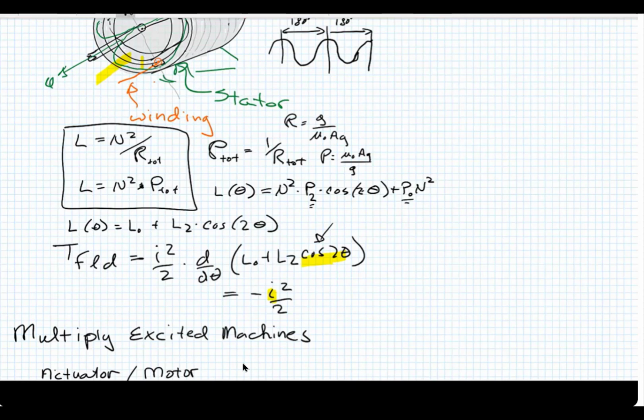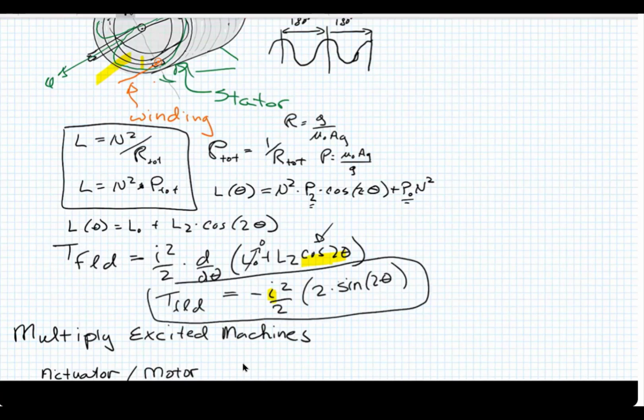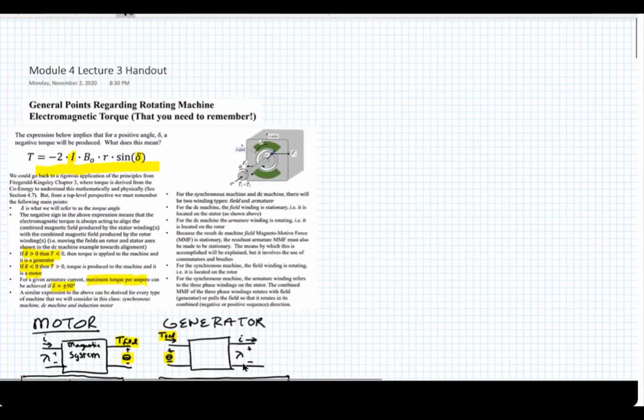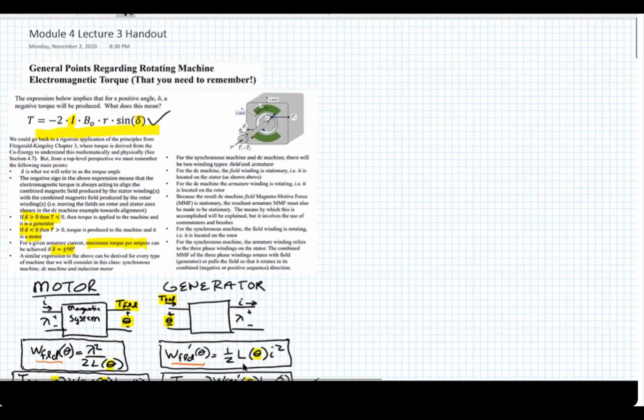So it's essentially going to be equal to the derivative of this. We have a negative because the derivative of a cosine is a negative sine. The derivative of this is 0, right? So all you have left is the moving part. So 2 times sine 2 theta, and the negative because that's the derivative of a cosine. It looks a lot like this expression here, doesn't it?